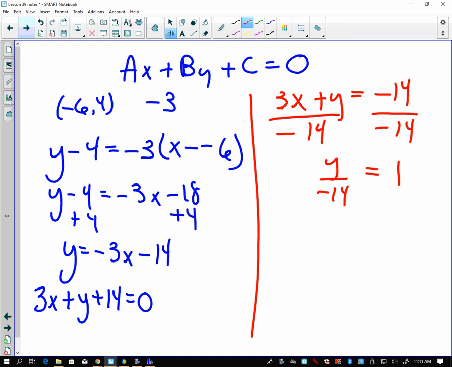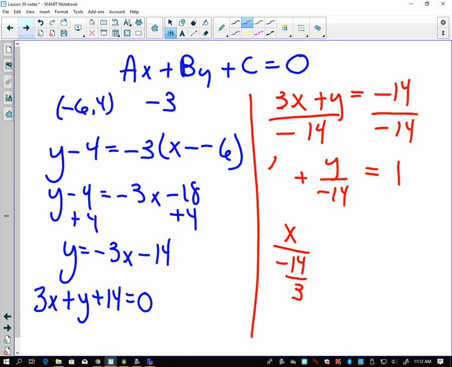Okay, the problem is that it has to be x over. It can't be something x over. Okay, that's my situation. So let's see. I got to remember this as x over -14 over 3.